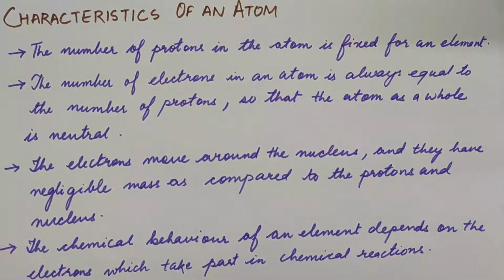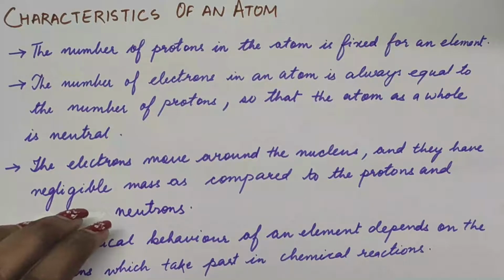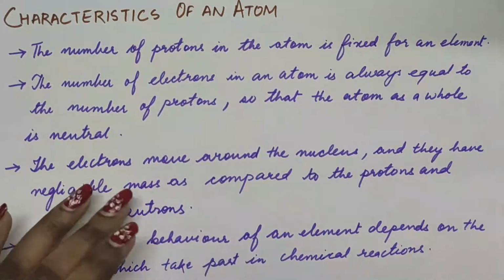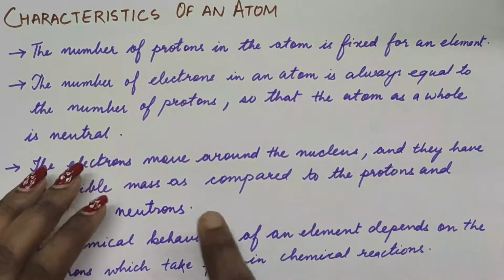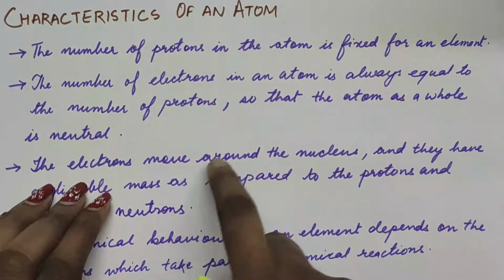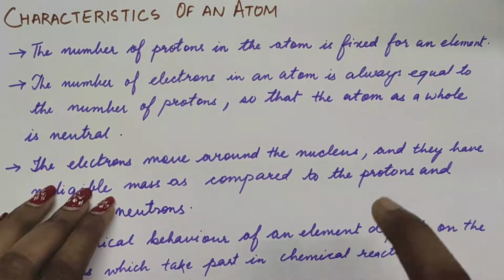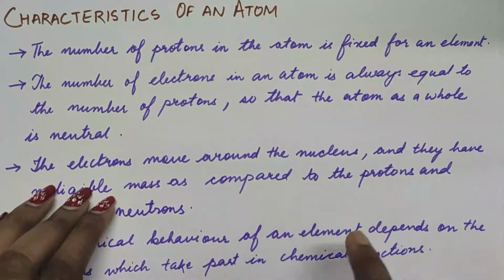Our next point is that the electrons move around the nucleus and they have negligible mass compared to the protons and neutrons. You need to remember that the electrons are moving around the nucleus as I showed in the previous part, and the mass of the electron is very negligible.